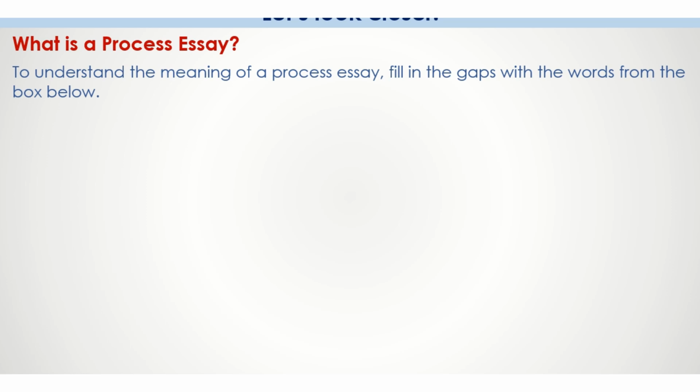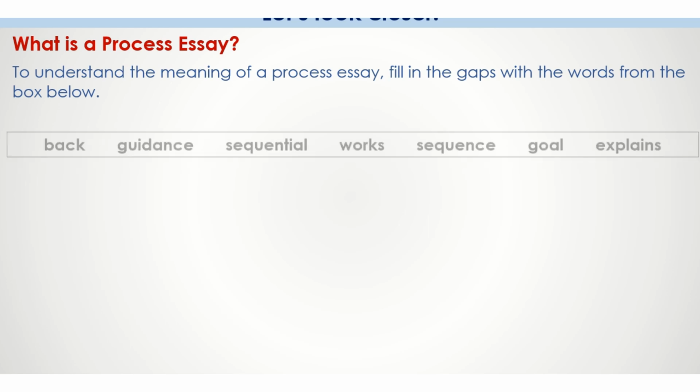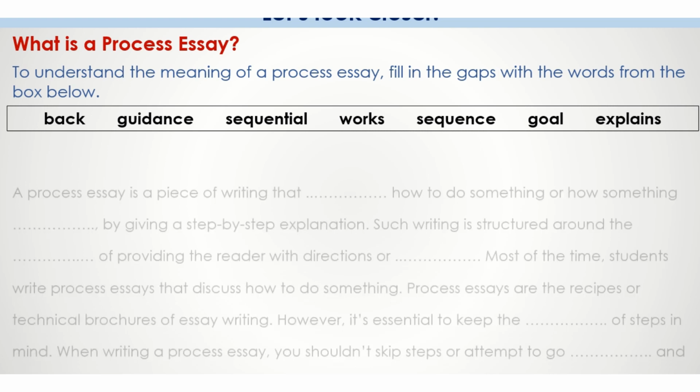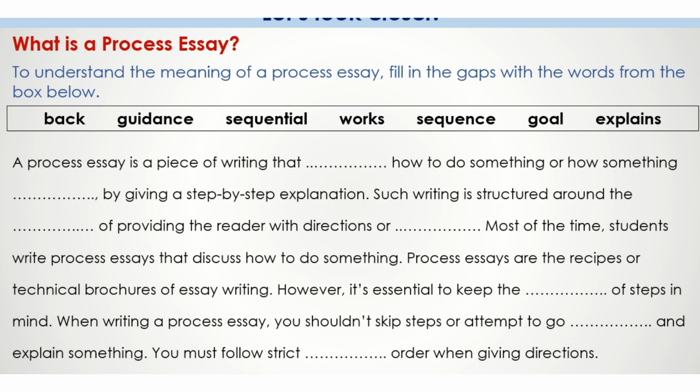Yeah, to understand the meaning, we need to fill in this piece of writing. Look here, we have these words: back, guidance, sequential, works, sequence, goal, explains. Read this piece, please. A process essay is a piece of writing that space how to do something or how something space by giving a step-by-step explanation. Such writing is structured around the space of providing the reader with directions or space.